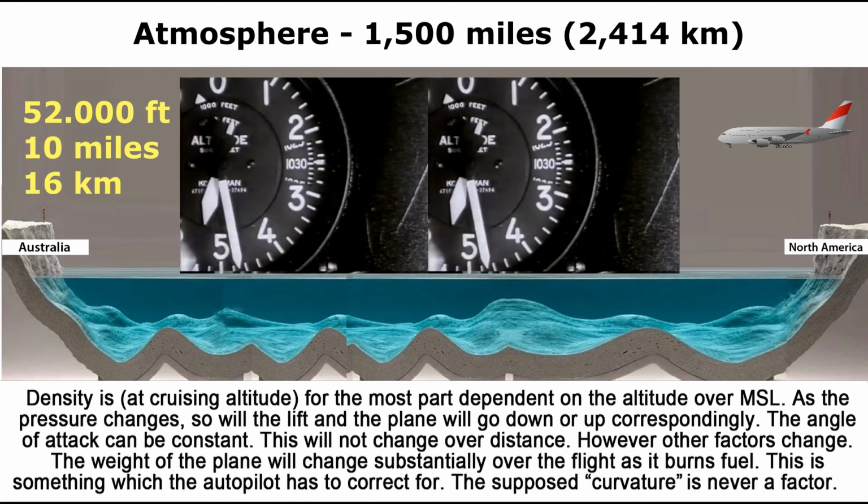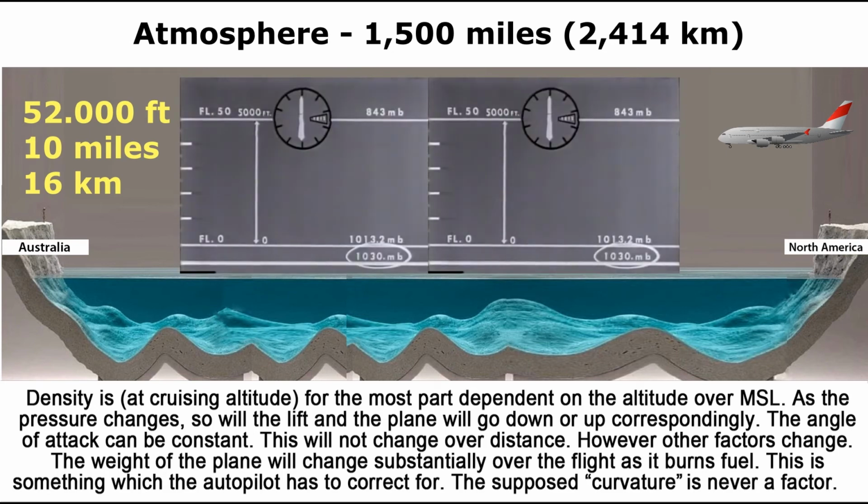who resets his altimeter to the QNH setting. In doing this, he has dropped the height scale so that 0 corresponds to 1,030 millibars.